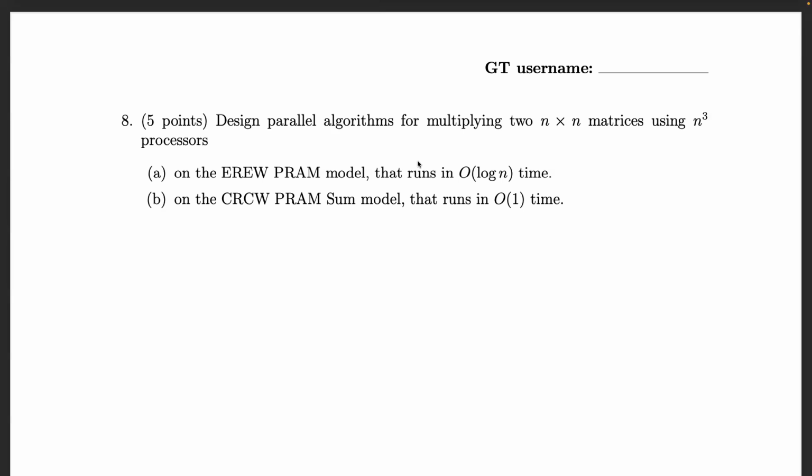I guess for binary forking, they haven't really defined so many variants like this, but it's basically CREW. You can concurrently read from any slot as many times as you want, but a sum over n numbers in binary forking takes log n time, because the parallel for loop takes log n time, and also because you cannot arbitrarily write to the same slot in parallel. So you have to do the tree reduction for log n.